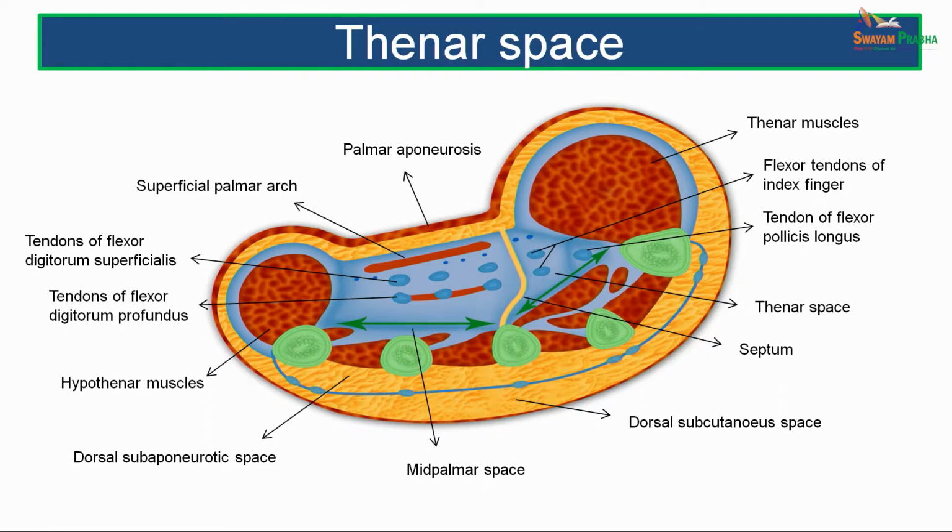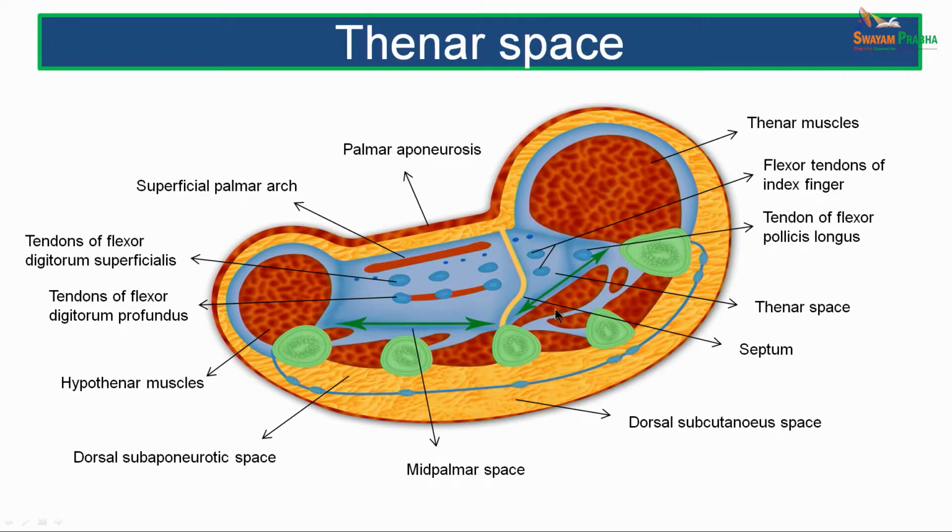Let us now see the boundaries and contents of the thenar space. As is shown here, the thenar space is bounded anteriorly by the palmar aponeurosis. It is bounded posteriorly by the first and the second metacarpal bone and the palmar and dorsal interossei related to these bones.